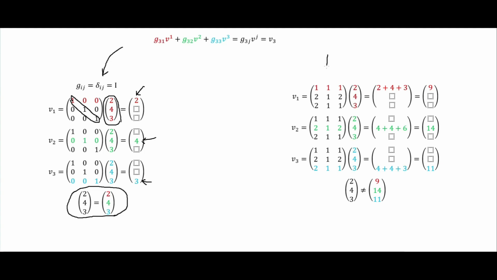But if we have a metric tensor that looks something like this, where we have off diagonals and not everything is equal to 1, then we end up having to do some summations. And when we go through that, we will end up with something that is not equal to the vector that we are lowering the index for here.